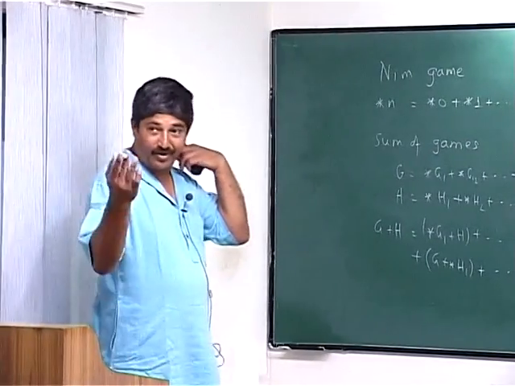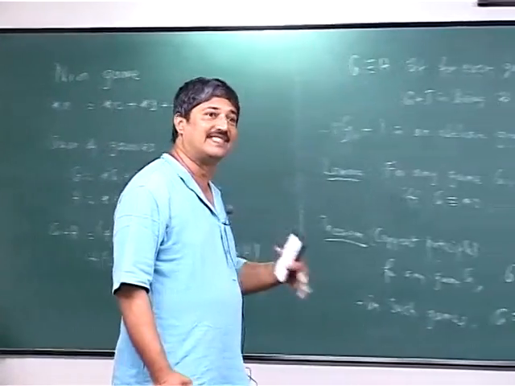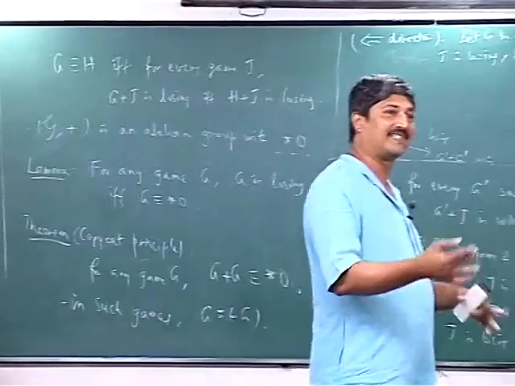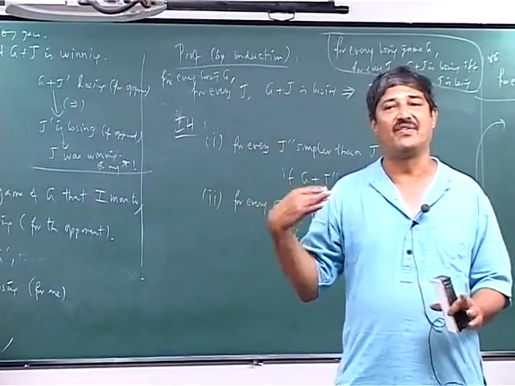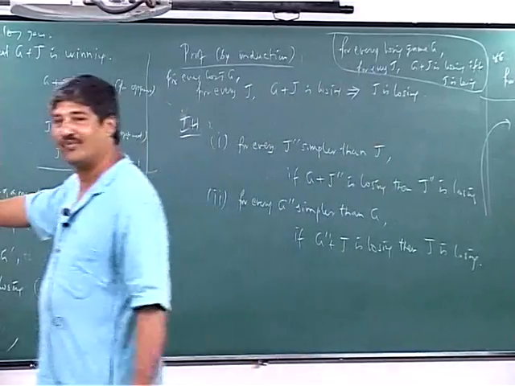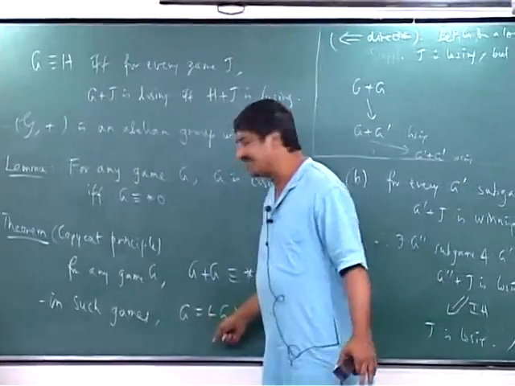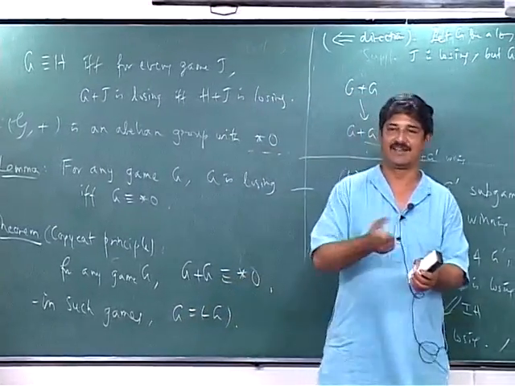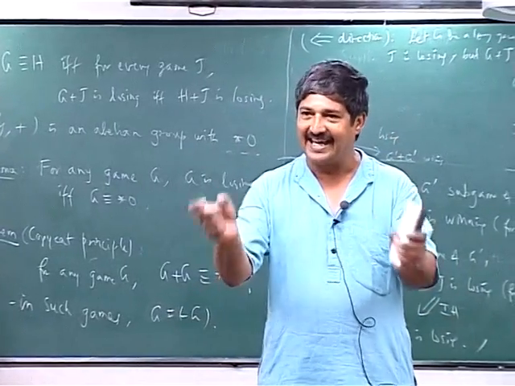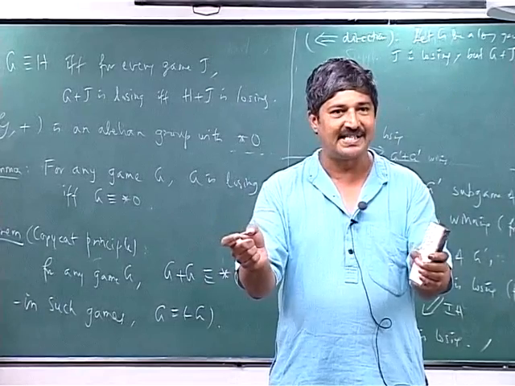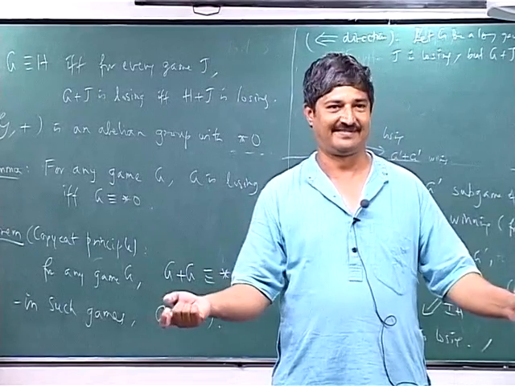If you look at the book Winning Ways, this whole business starts getting really interesting when you move to partisan games, when they have different moves. There, the really beautiful theorem, which is much harder to prove, shows that if you take the game G and look at its dual, what is the dual game? The dual game is the identical thing with the same set of positions, but the roles are switched.